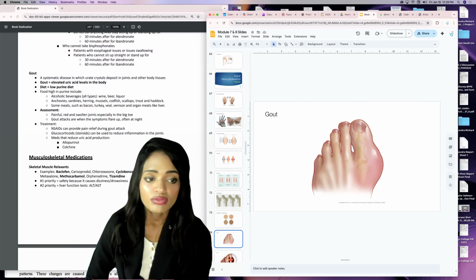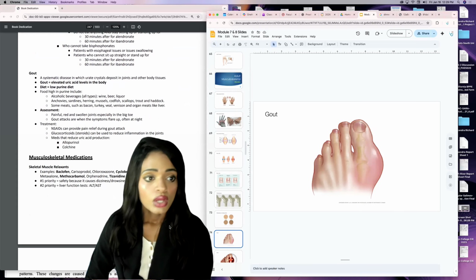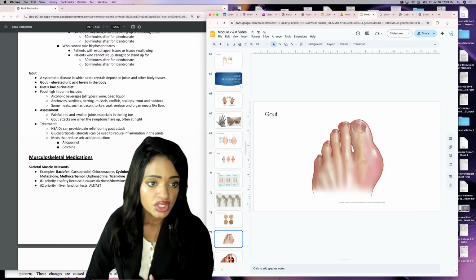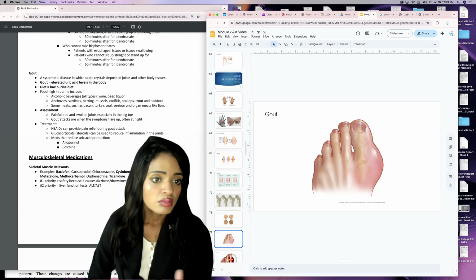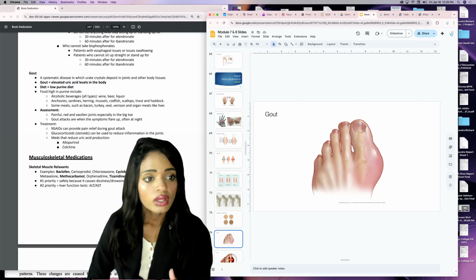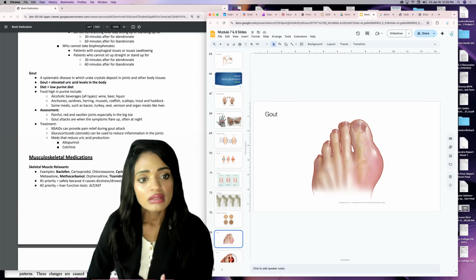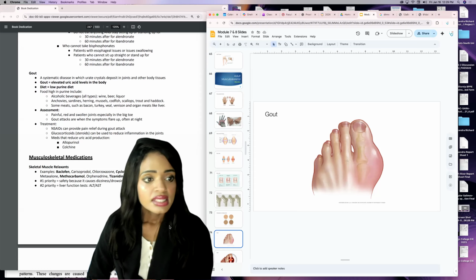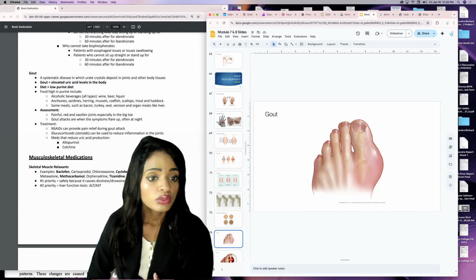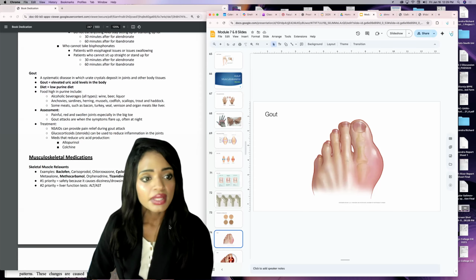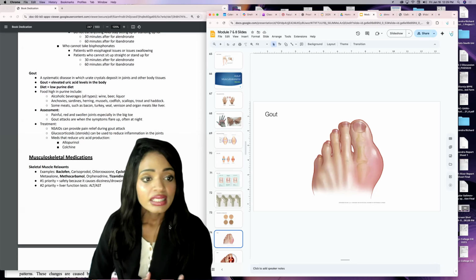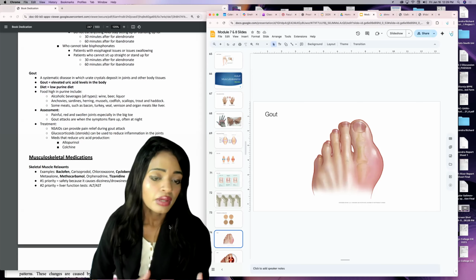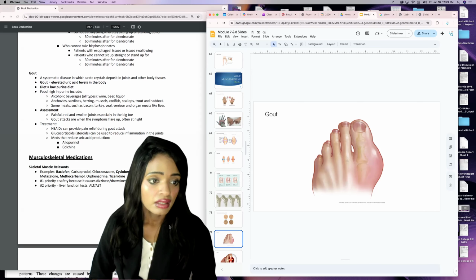They need to avoid foods that are high in purines, which includes alcoholic beverages like wine, beer, and liquor, anchovies, sardines, mussels, scallops, trout, bacon, turkey, venison, and organ meats like liver. Assessment of gout: painful red swollen joints, especially in the big toe. When they come up, they call it a gout flare, like a flare up, and it often happens at night.